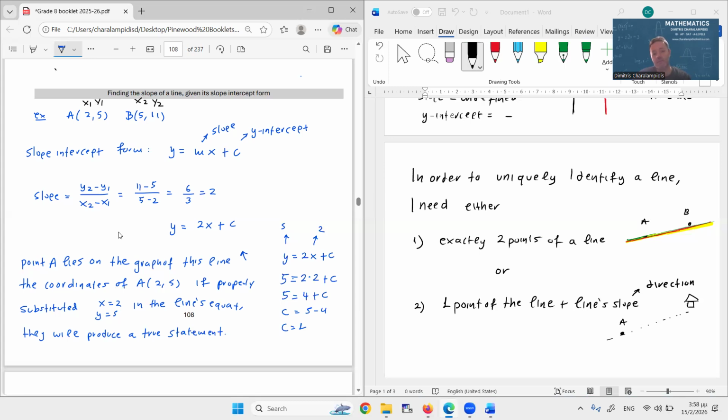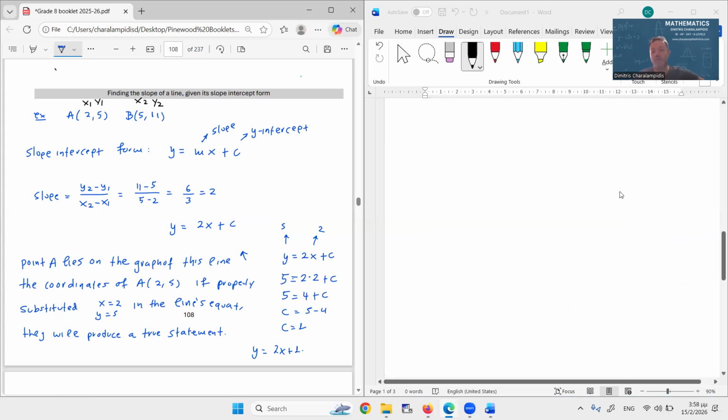I can easily say that the slope intercept form I was looking for is y equals 2x plus 1. I'm going to leave this on the left half of the screen, and I'm going to create a quick methodology.